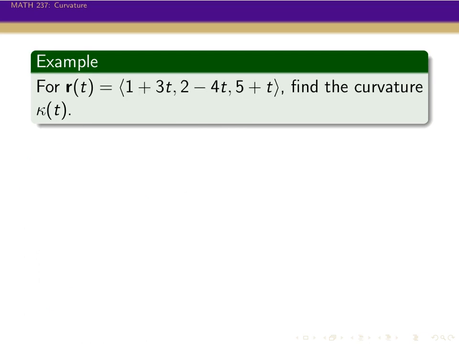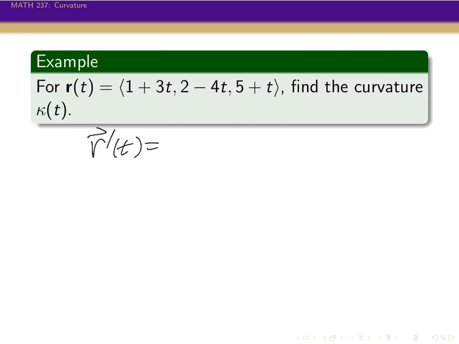What if instead we're trying to find the curvature of a line? As we saw before, the curvature of a line should be 0, but let's double check this. With 1 plus 3t, 2 minus 4t, 5 plus t, all the components are linear, so overall r of t is describing some line.